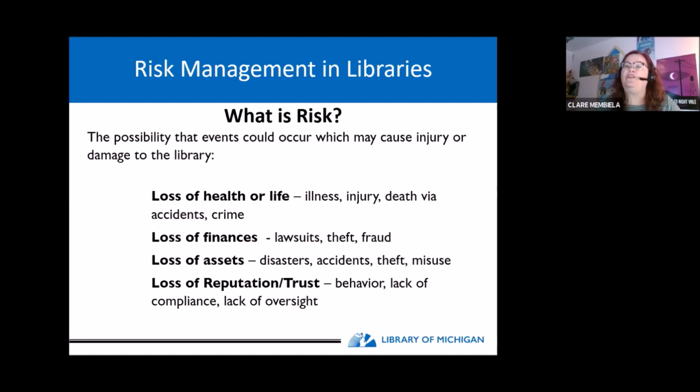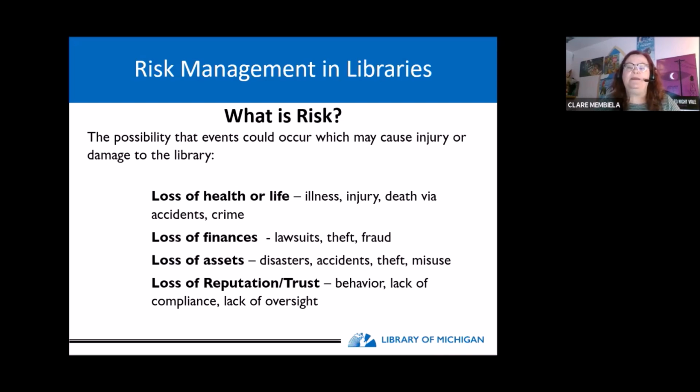So all the tangible things in the library, your building, your books, your book trucks, just everything in the library is your asset. And that can be either through disasters, accidents, and then there's the more intangible kinds of losses, which are things like loss of reputation, loss of trust in the community.